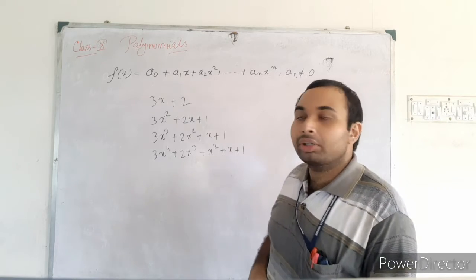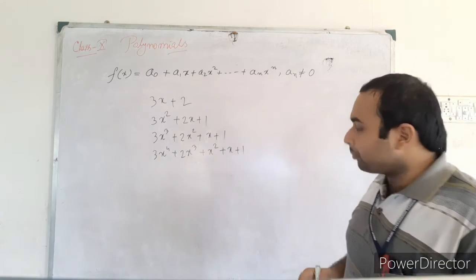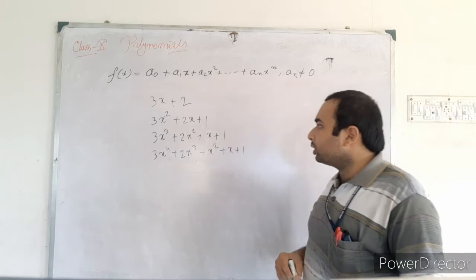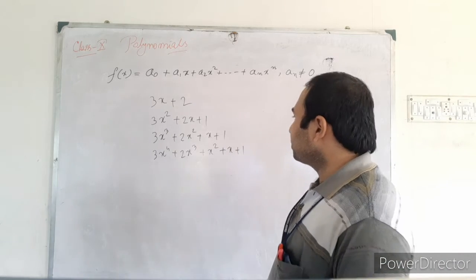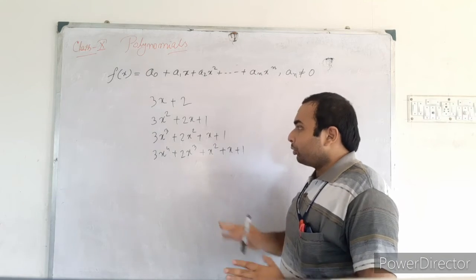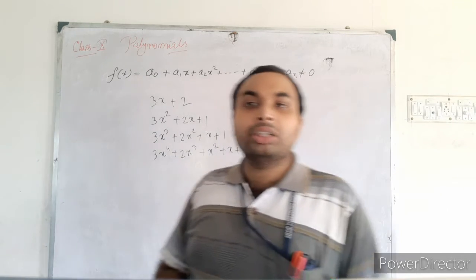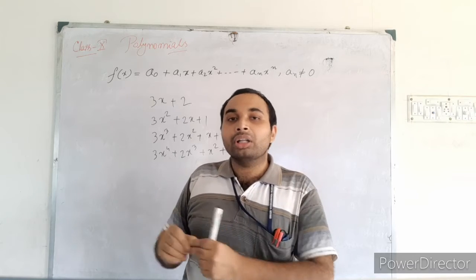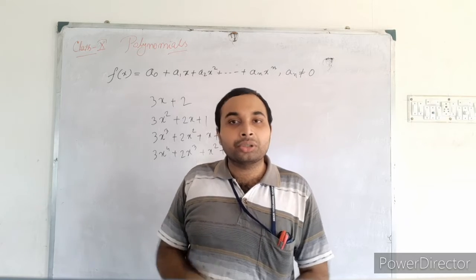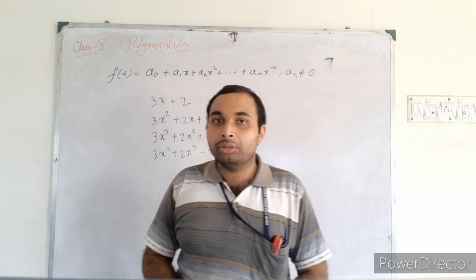Those are some types of polynomials. We are not going deep here because you know those from class 9. Now in your class 10 syllabus, the discussion is only on the zeros and coefficients of polynomials.